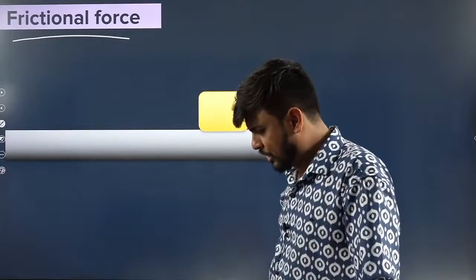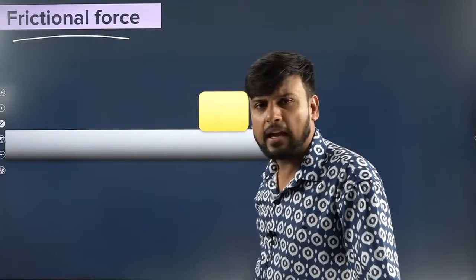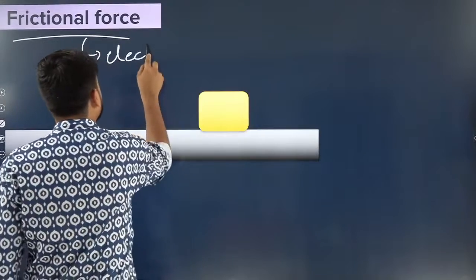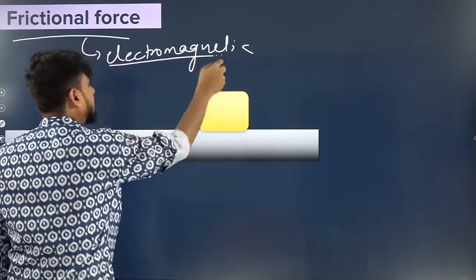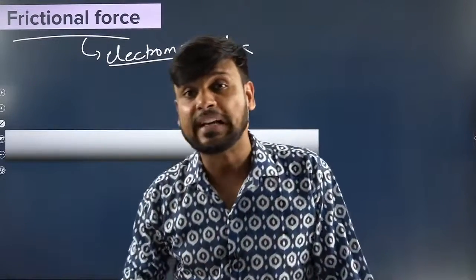So frictional force, what type of force is it? We have divided the whole force category into 4 parts: electromagnetic force, gravitational force, strong nuclear force, and weak nuclear force. Is it a gravitational force? No, no. It is because of the interaction of the two surfaces, electron, proton of the two surfaces. That's why frictional force is electromagnetic force. See guys, whatever we are learning, these are the theoretical questions in the NEET exam.